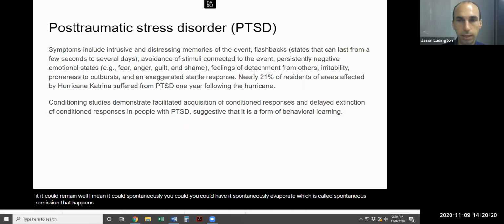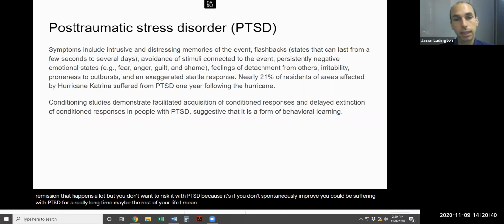That happens a lot, but you don't want to risk it with PTSD, because if you don't spontaneously improve, you could be suffering with PTSD for a really long time, maybe the rest of your life.